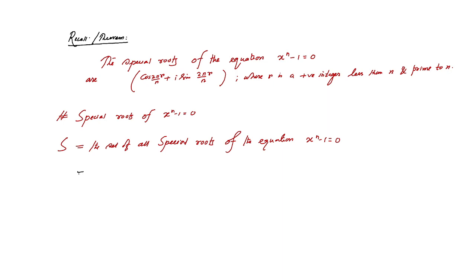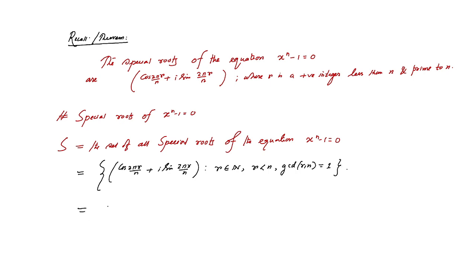So S contains the roots of the form cos(2πr/n) plus i sin(2πr/n). What is r? Here r is a positive integer, r belongs to the natural numbers, r is less than n, and GCD of r and n equals 1.